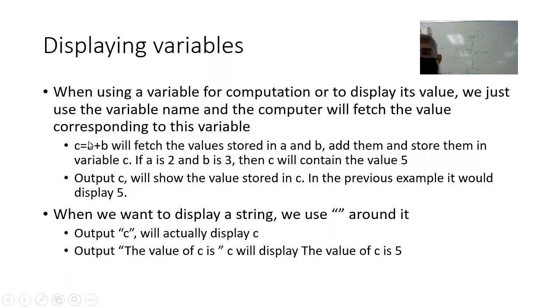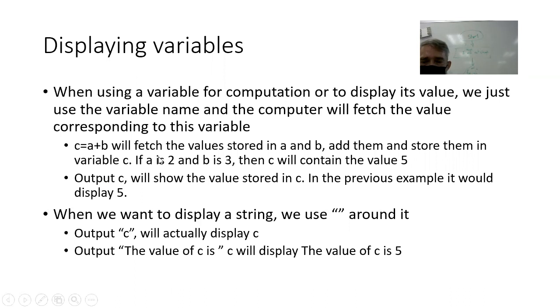What would happen is whatever value is assigned to A and B would be operated upon by the computer language. In this case, those two values would be added together, and then the result would be stored in the memory position which is assigned to C. And then if you did an output of that position, you could display the result.